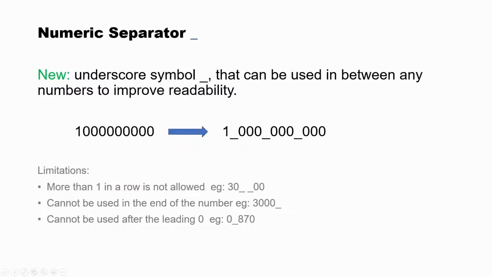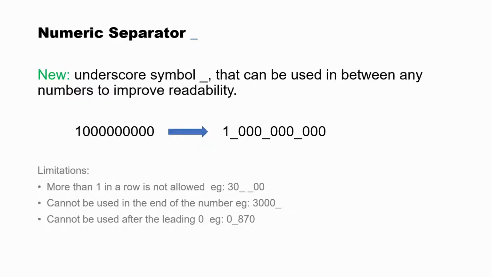So the next feature is pretty straightforward, the new numeric separator symbol. We can now use the underscore symbol in between any numbers to improve their readability. Any numbers means that you can use it inside of decimal, binary or hex numbers.